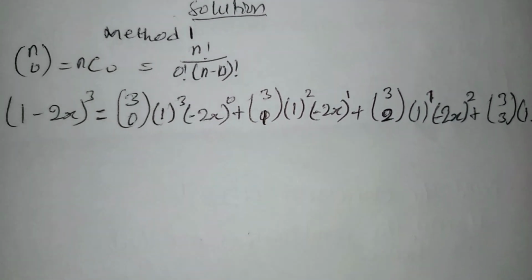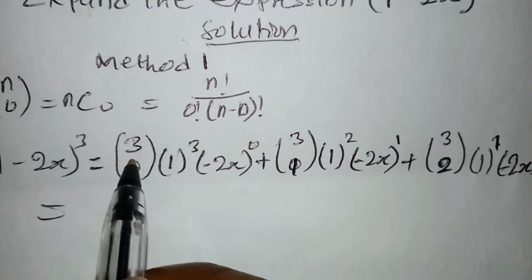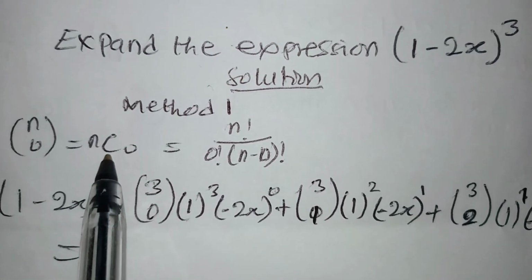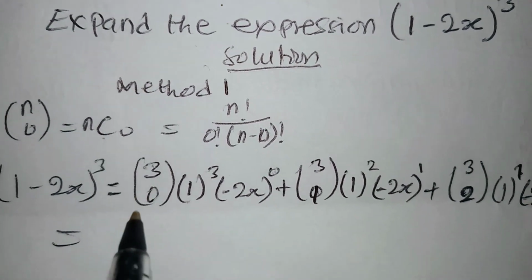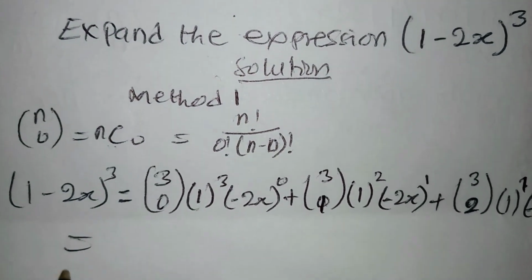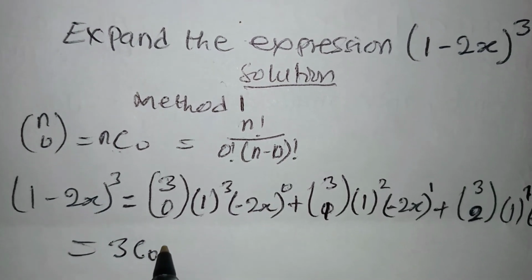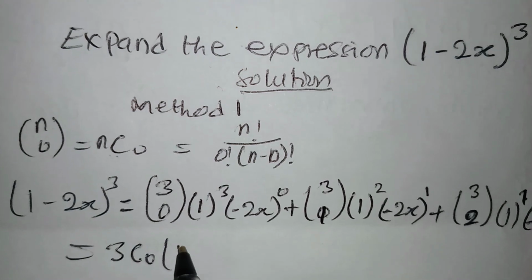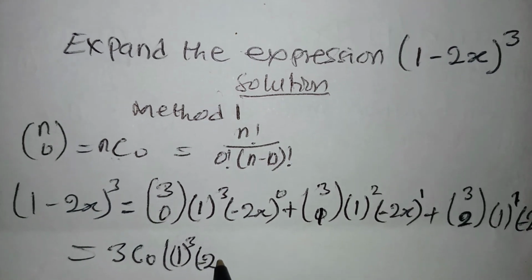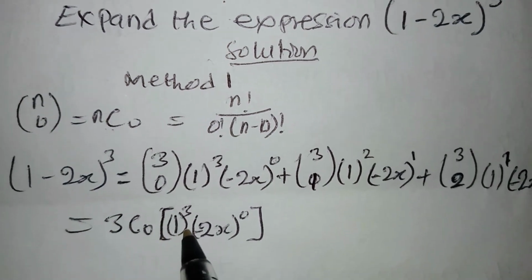Please follow this carefully. Like I said earlier, this can be written as this. So I'm going to retransform this component in this form. That will be 3 combination 0 multiplying with 1 exponent 3 times negative 2x exponent 0. Let me use the close bracket.